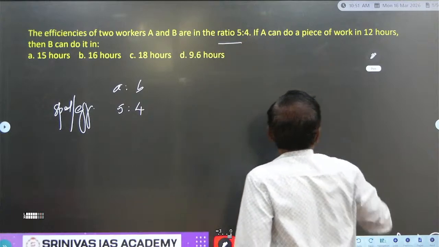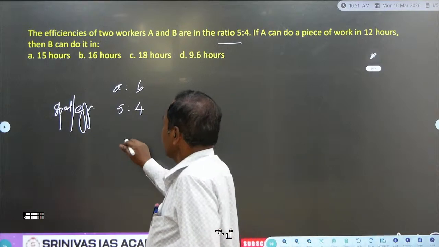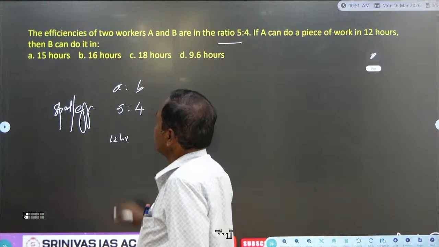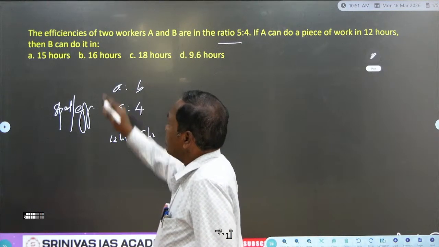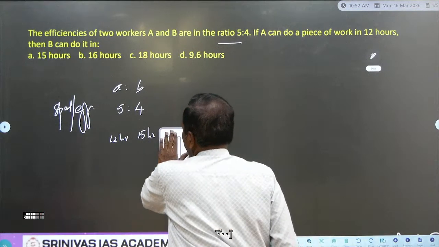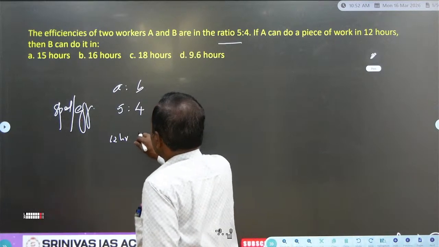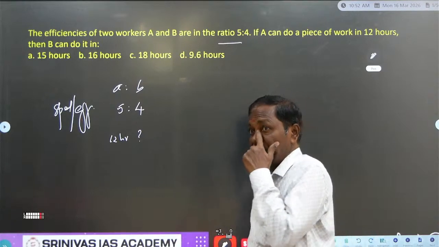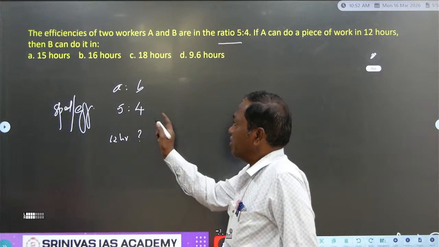A can do a piece of work in 12 hours, meaning he can finish the work in 12 hours. The question is: in how many hours can B do it?